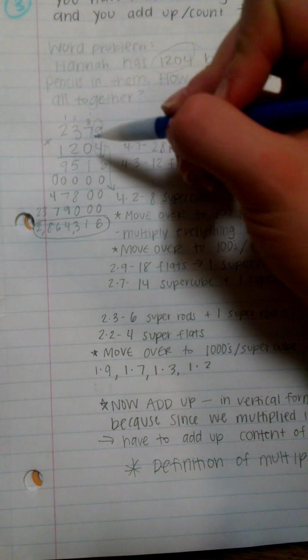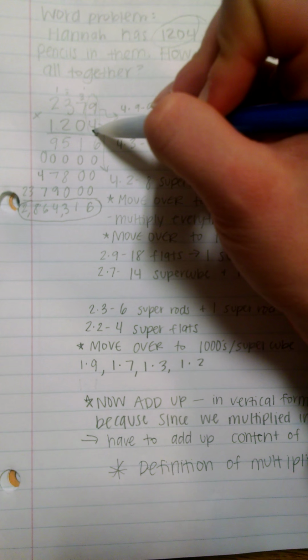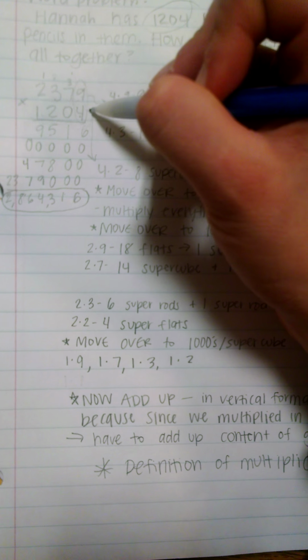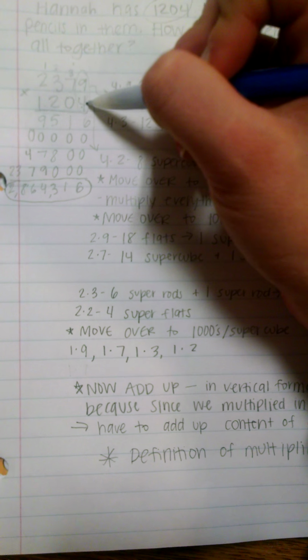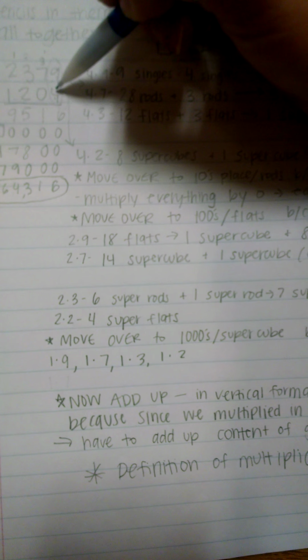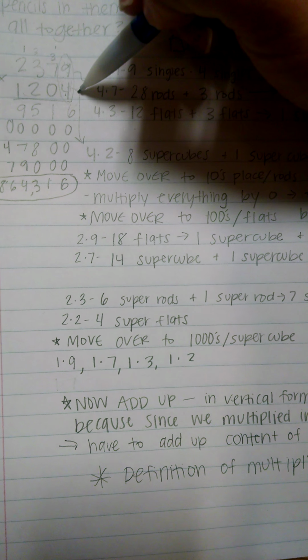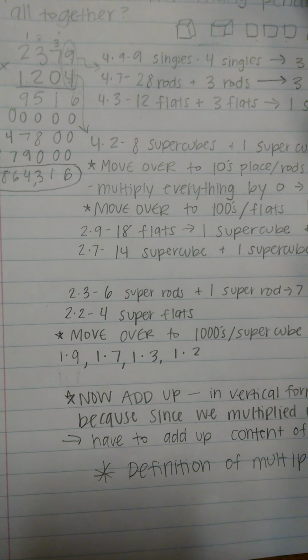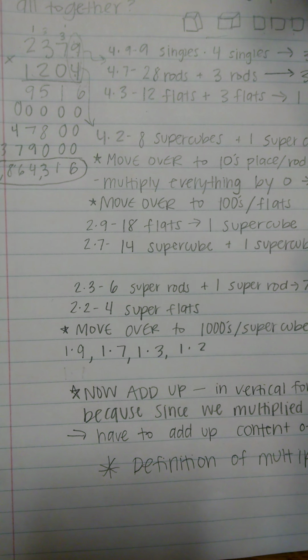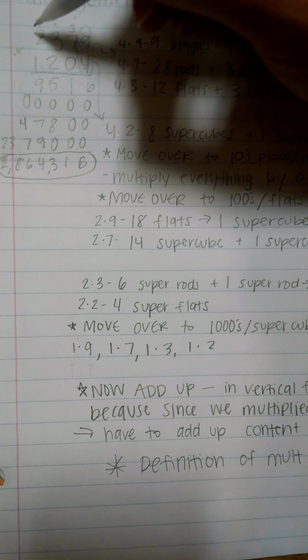We do this by multiplying this number times this number, but in an easier and more efficient way, like 9 times 4. So we are dividing each of these multiplications into smaller multiplication problems to make it easier and also to better understand it, because we are working with 4 different units this time.